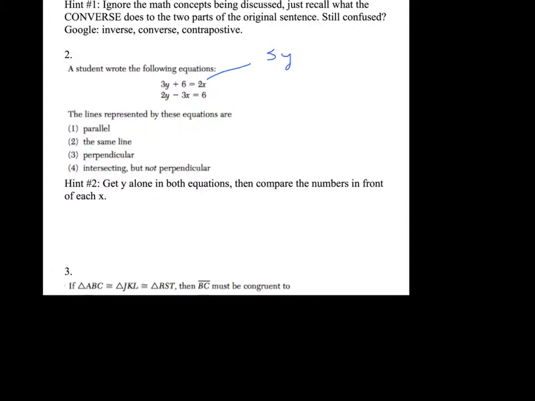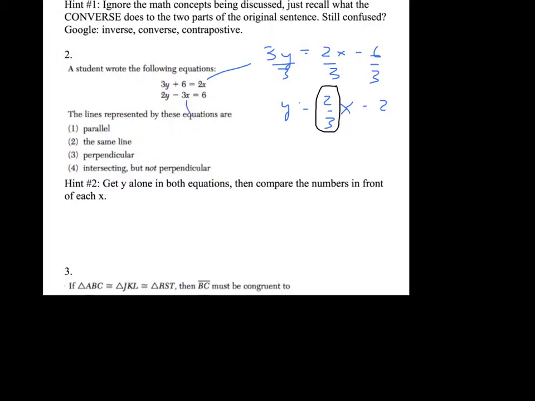So subtracting 6 from both sides for the first equation gets things started, then dividing by 3, you get y equals 2/3 x minus 2.